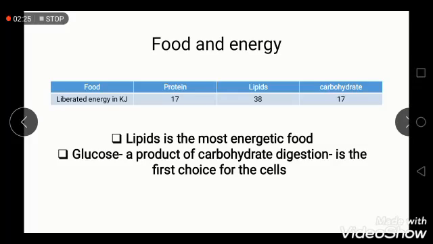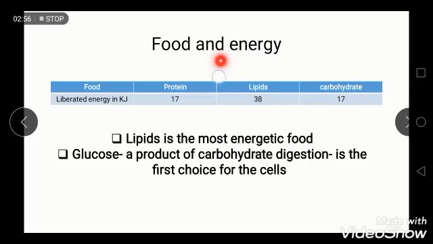However, if you stop eating sugary foods or the food that is rich in starch, glucose will not be produced in our body, so your cells will use the lipids that are stored in our body. Once they use the lipids, the amount of lipids in your body will decrease, and so you will lose weight.